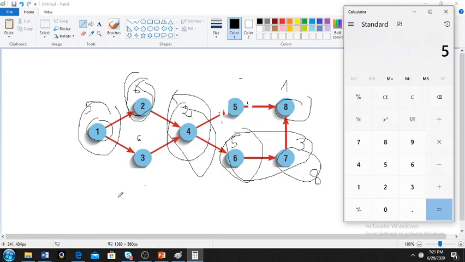So we have 5 plus 6 plus 2 plus 5 plus 3 plus 1, which is 22. So we have 22 days using critical path.